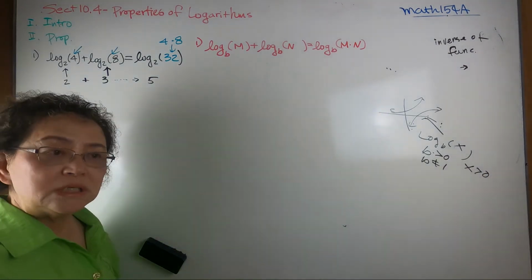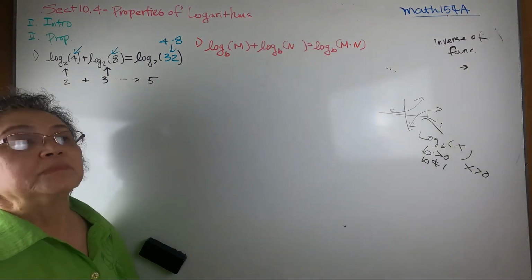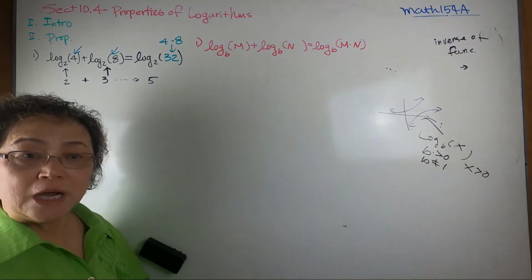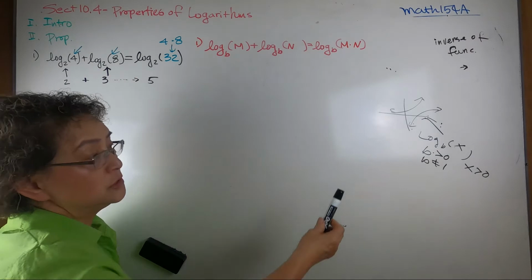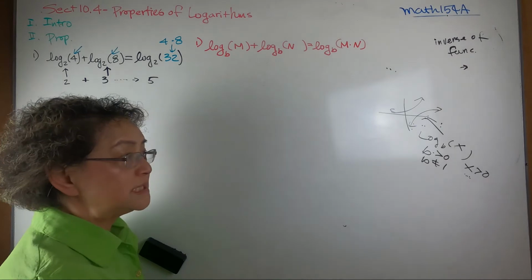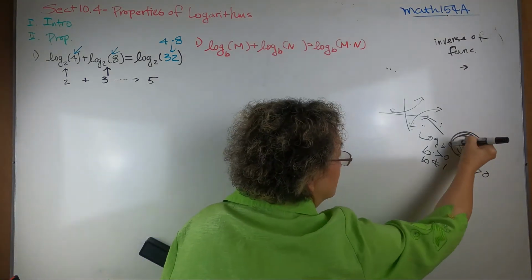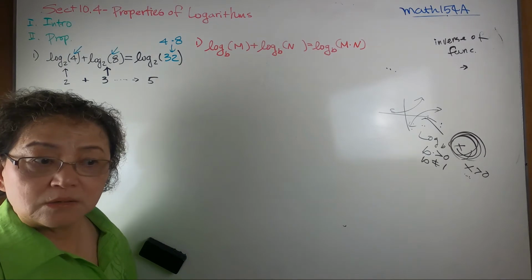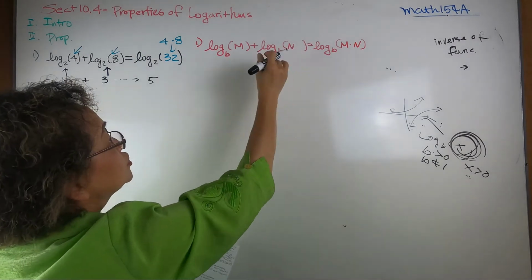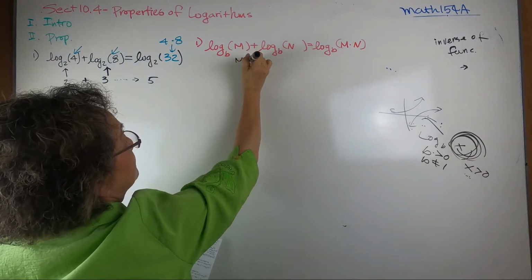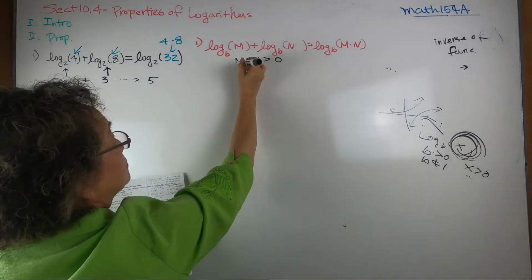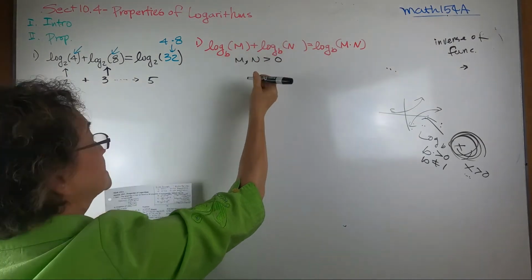So what does domain mean? It means what kind of restriction you are using for your x, right? So your x from left to right has to be greater than 0. That means inside the log needs to be a positive number. So the restriction will be that both m and n have to be bigger than 0, and of course multiplied together will be bigger than 0.